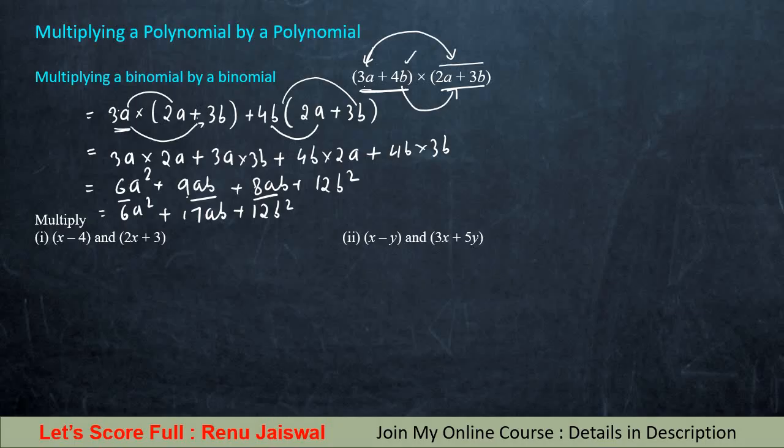So out of these two questions, both are the same. I'll explain one and I'm leaving the first part as homework. Solving here, there are two brackets. So I can write this, as it says multiply, as x minus y in one bracket and 3x plus 5y in another bracket. Then I'll distribute term by term to the second bracket.